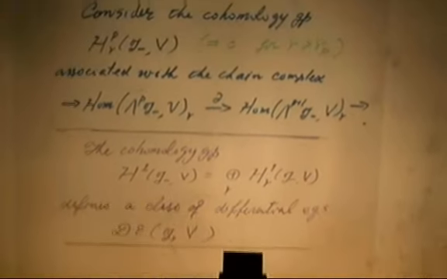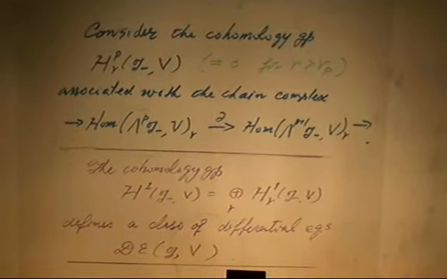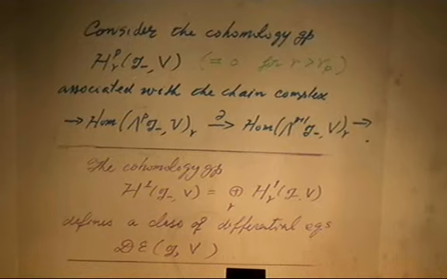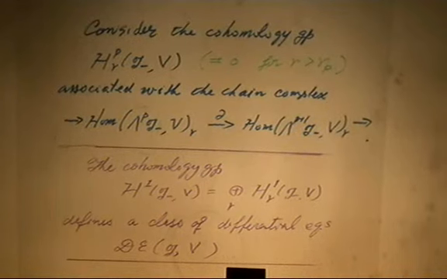Given this Lie algebra and representation, G and V, the negative part G_minus is a nilpotent Lie algebra, and of course V is also a G_minus-module.